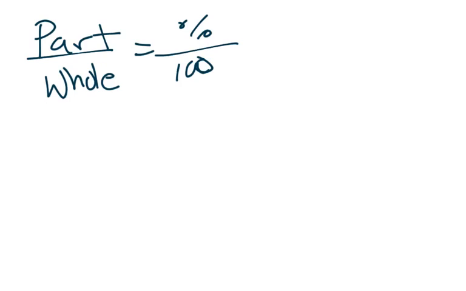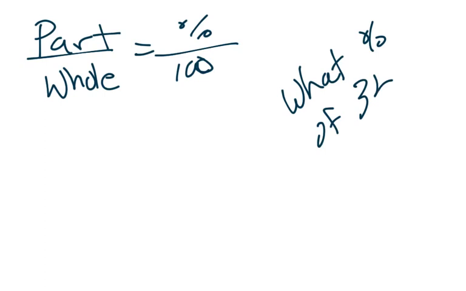with this criteria. So, for example, if you have a problem that says, what percent of 32 is 16? If you have a hard time remembering when to divide your numerator by your denominator, then multiply by 100, I'm going to teach you all that, I promise.